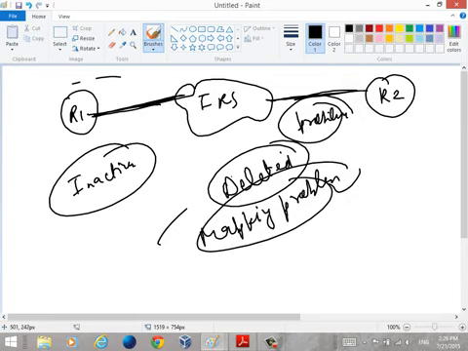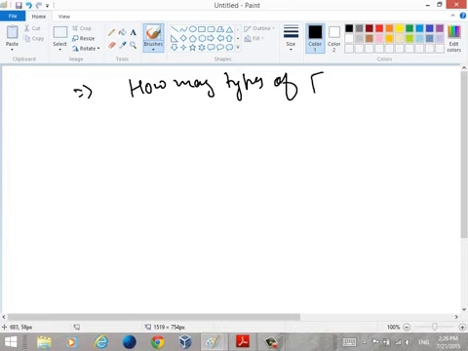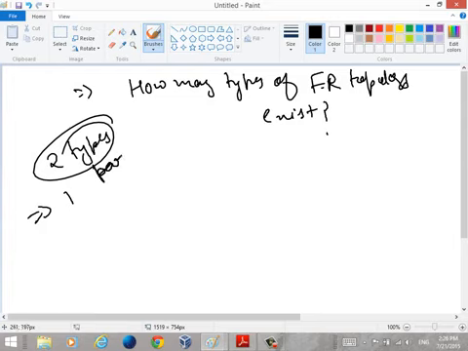Next thing. How many types of FR topology exist? They are basically of two types. One is partial mesh, second is full mesh.